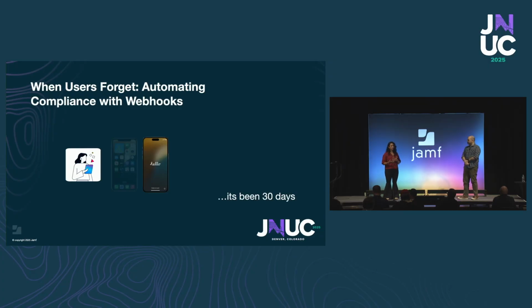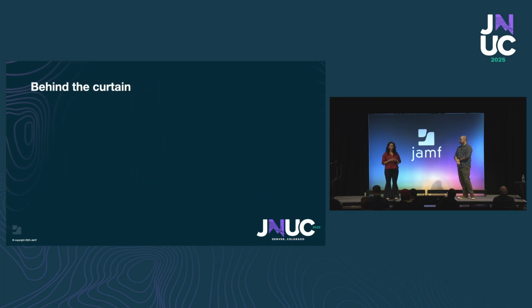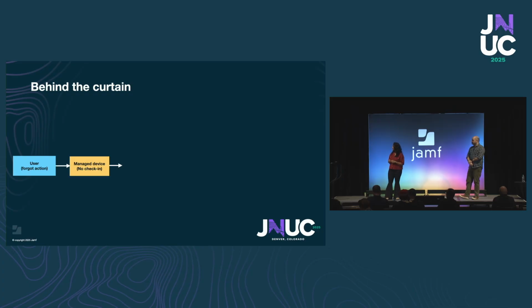This is where the webhooks come in to help again. I'm just going to show you behind the curtain as to what actually happens in terms of the actions. So here we have a user who's forgotten, and it's a managed device which hasn't checked in.